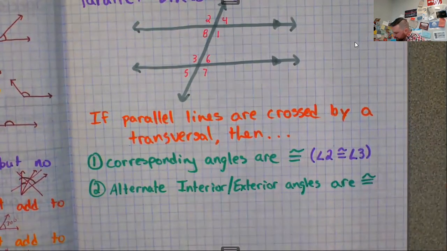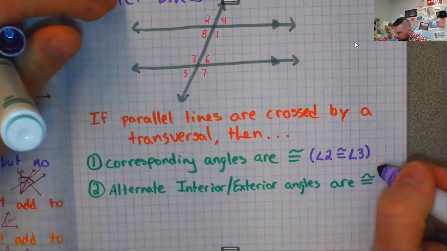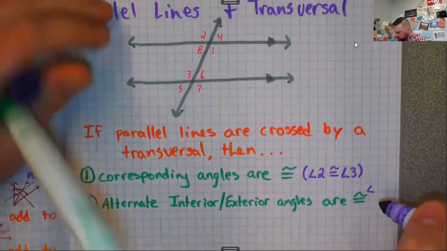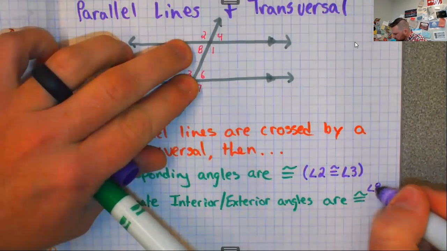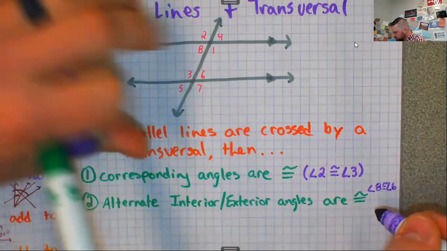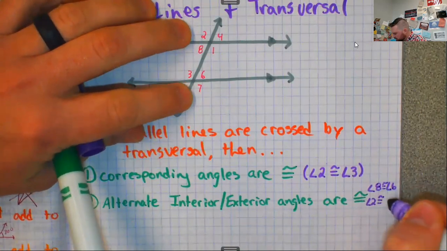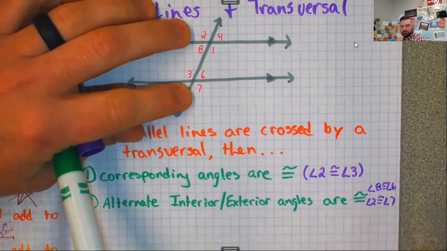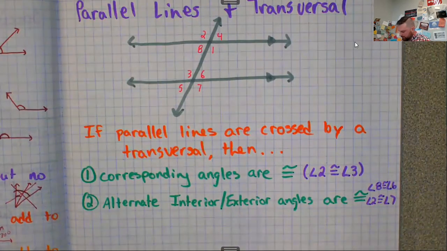So let's do alternate interior. Angle 8 and 6, so angle 8 is congruent to angle 6. And then exterior would be like angle 2 congruent to angle 7. Okay, so your alternate interior and alternate exterior angles are congruent.